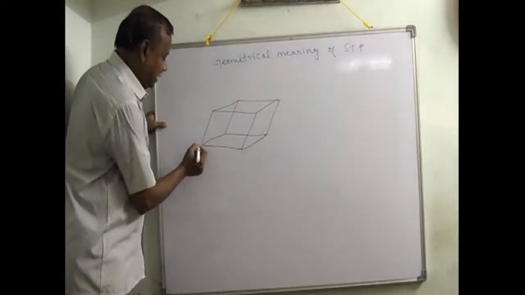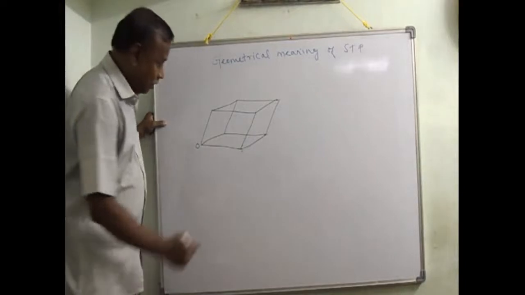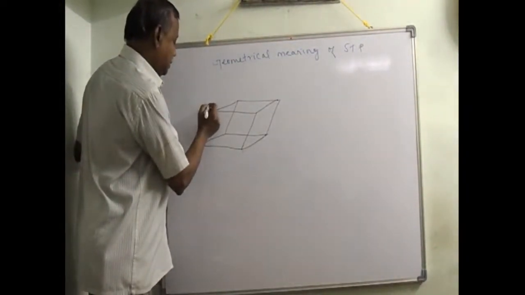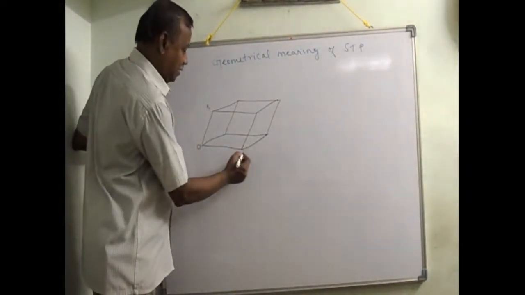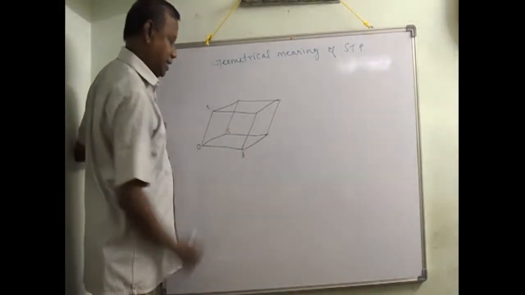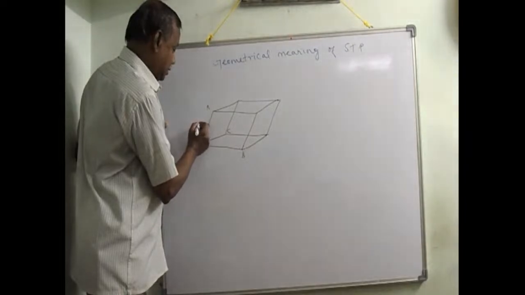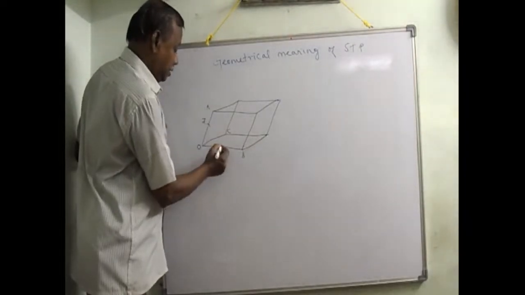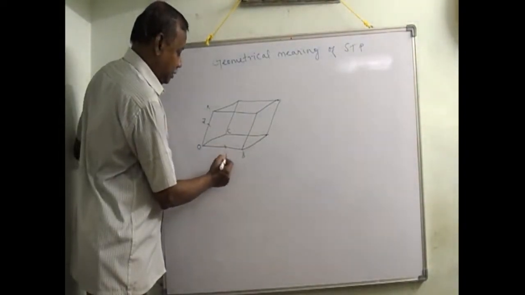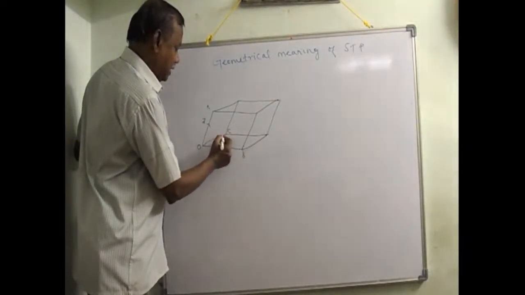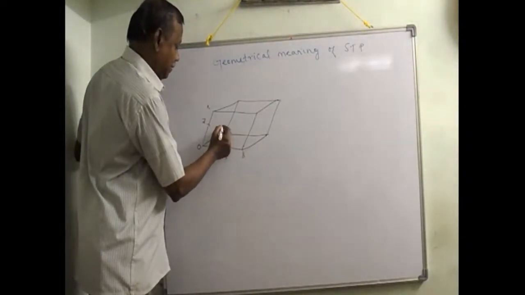Let us take O as origin and let the vertices be A, B, C. Let OA vector equal a vector, OB vector equal b vector, OC vector equal c vector.